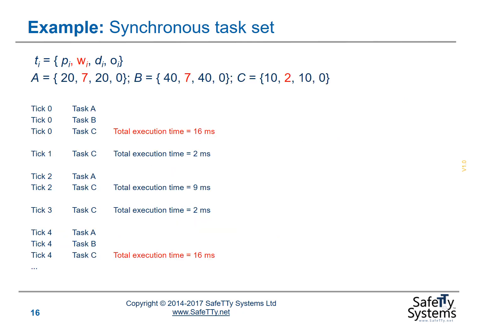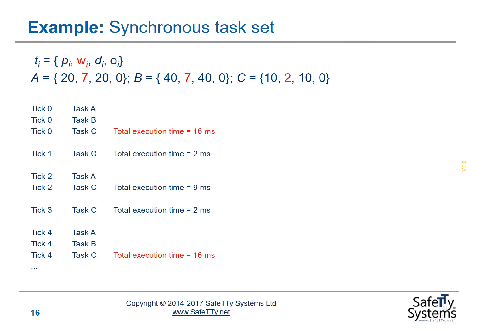Let's look at that situation in slightly more detail. We've got task A, task B, task C. We have 0 offset, so we have a synchronous task set. The worst case execution time of task A is 7 milliseconds, of task B is 7 milliseconds, and of task C is 2 milliseconds.